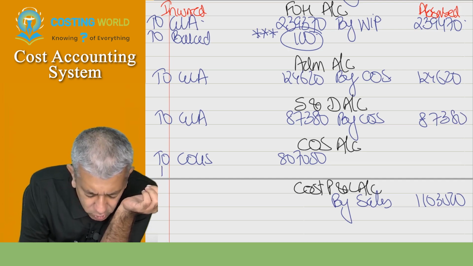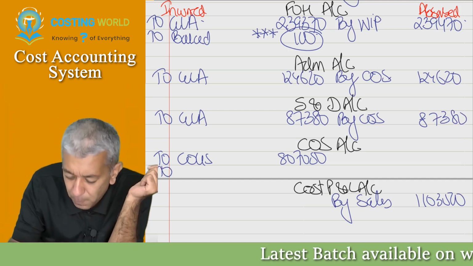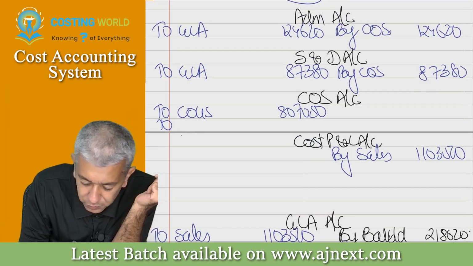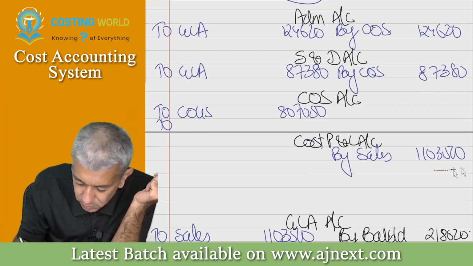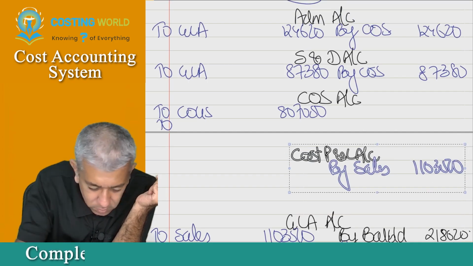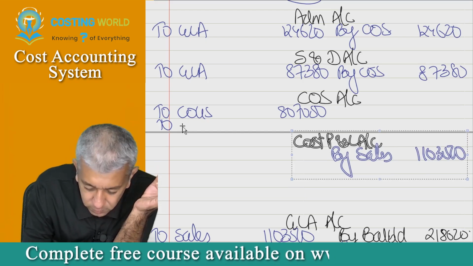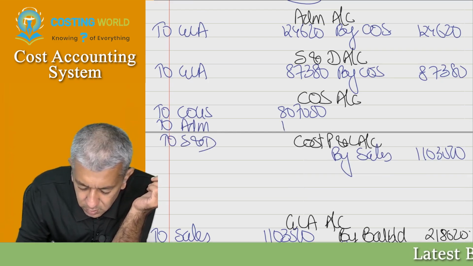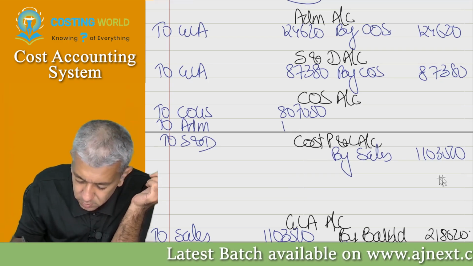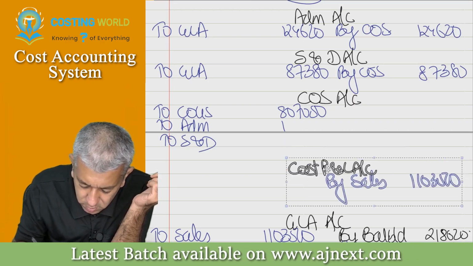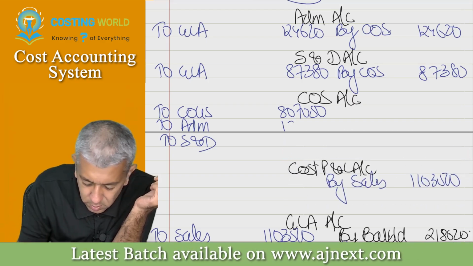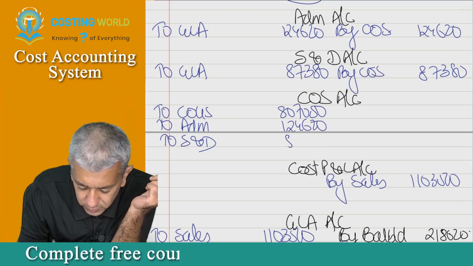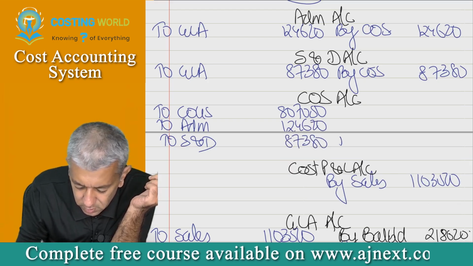You might fall short of one line in cost of sales, so you can divide the line into two parts. So to administration, to S&D, 124,620 and 87,380.